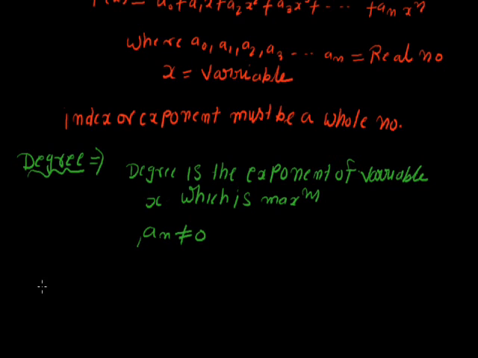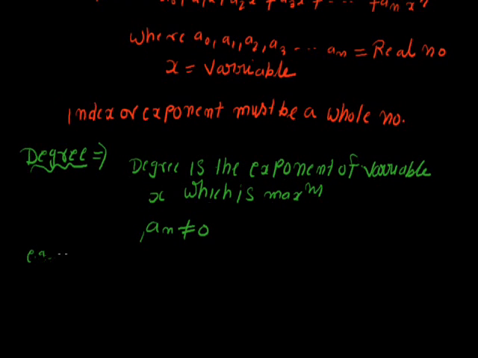Now we can understand this by some examples. If we take the first example, x square plus x plus 1. By looking at this expression, we can see that the variable in which our polynomial is defined is x and the highest power of this variable is 2, so the degree of this polynomial is 2.